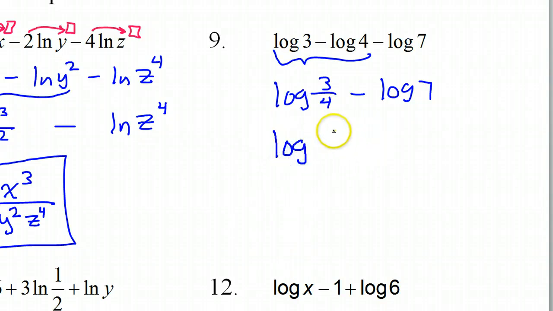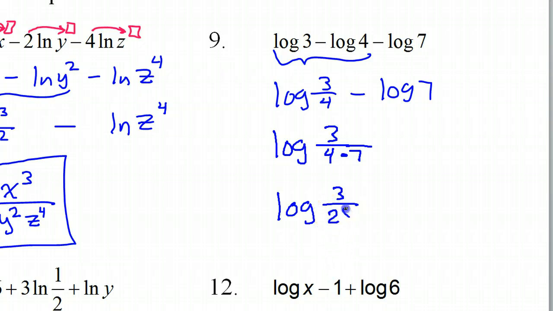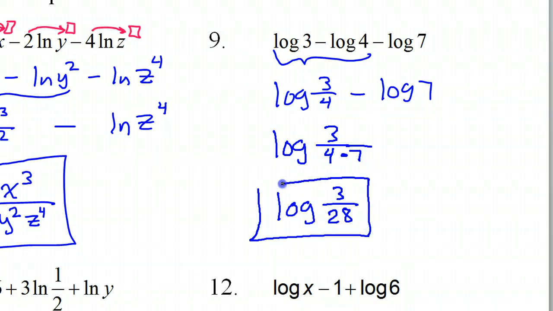So this will be log of 3 over 4, and this 7 is going to show up now in the denominator, so it'll be 3 over 4 times 7. Okay, and of course we can go ahead and write that as log of 3 over 28. And that would be the final answer for number 9.